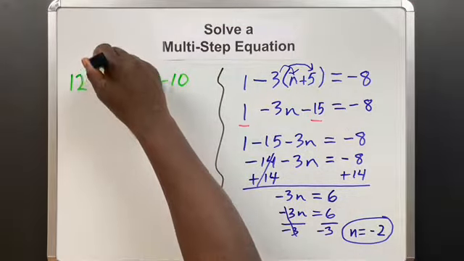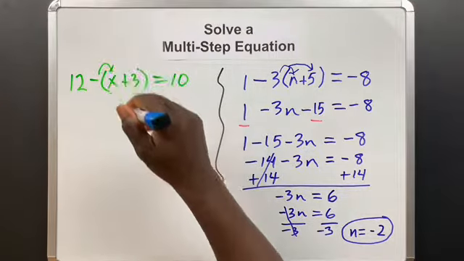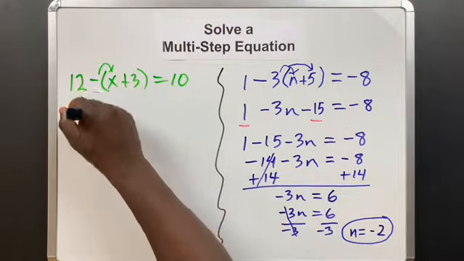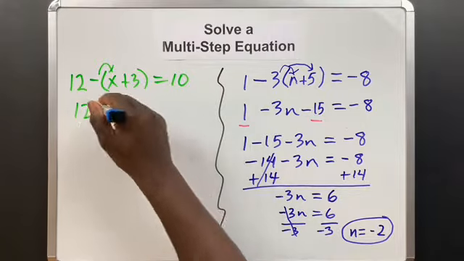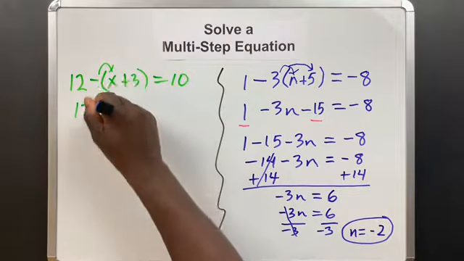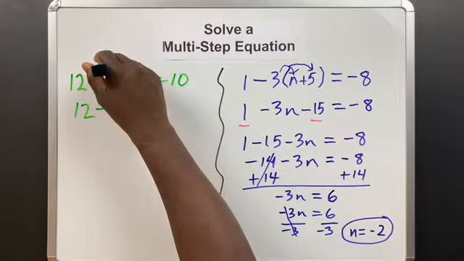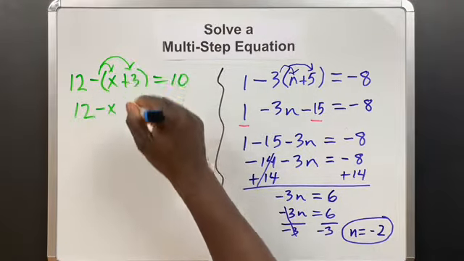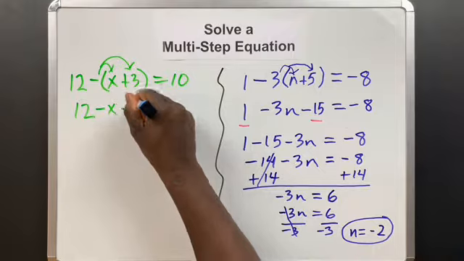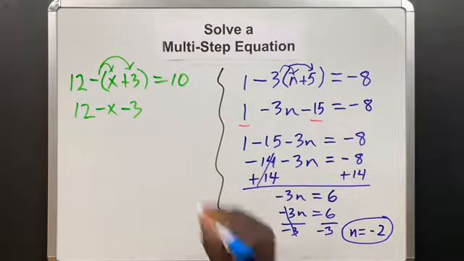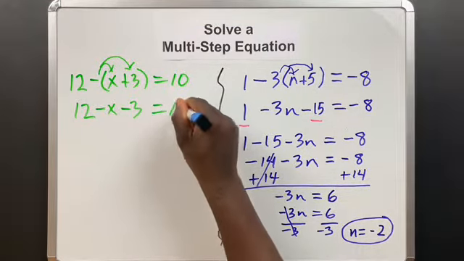We're going to multiply negative 1 times x. So first let's bring down 12. Negative 1 times x is negative x. Now multiply negative 1 times positive 3. That's negative 3. Looking good, equals 10.